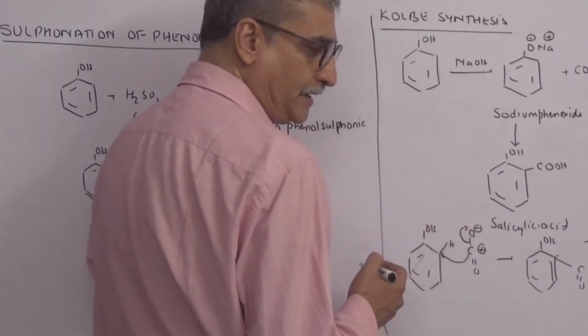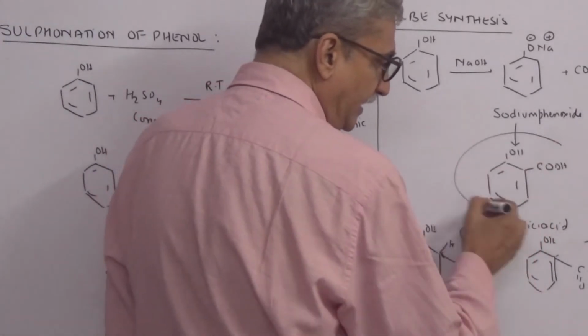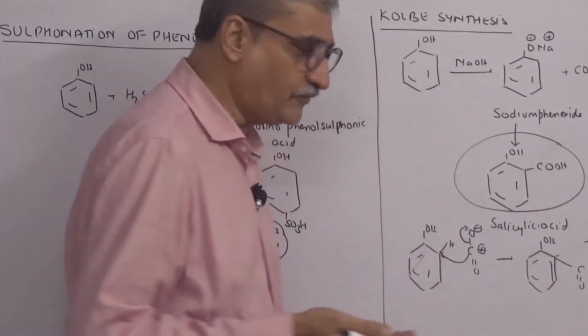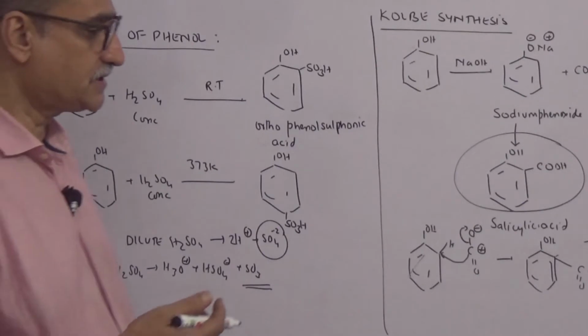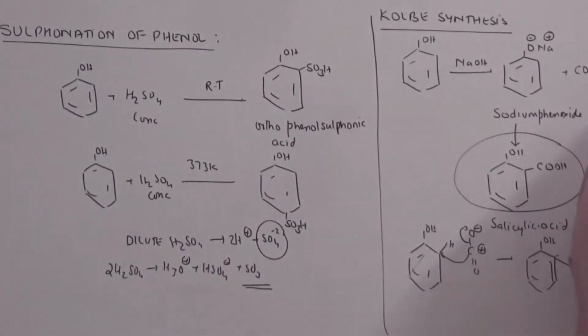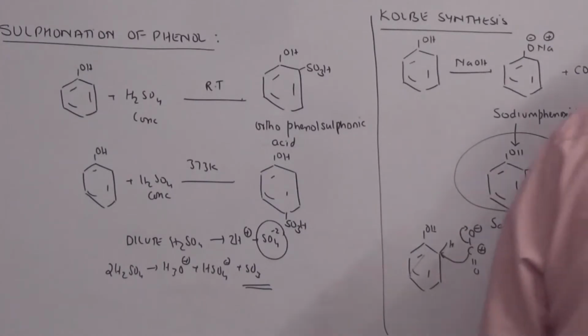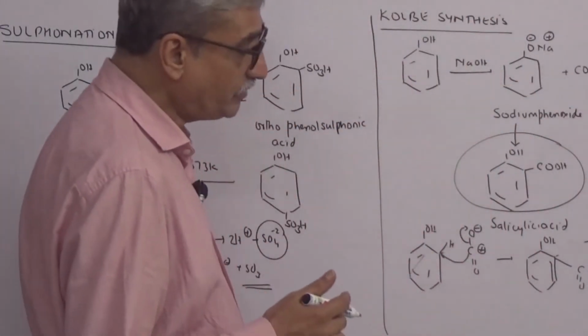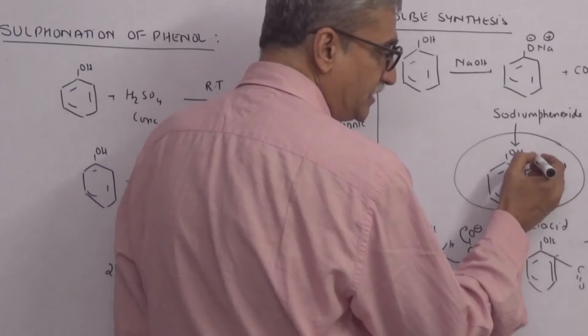Now what is the entrance exam question in this? One, of course, is what happens when phenol is treated with carbon dioxide. This is one question which they directly ask. But what is the other question? Look at OH and COOH, positions 1, 2.